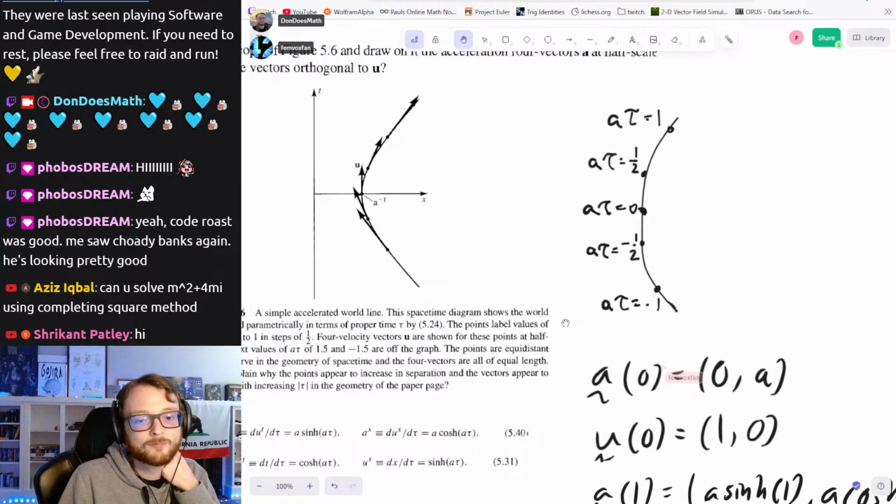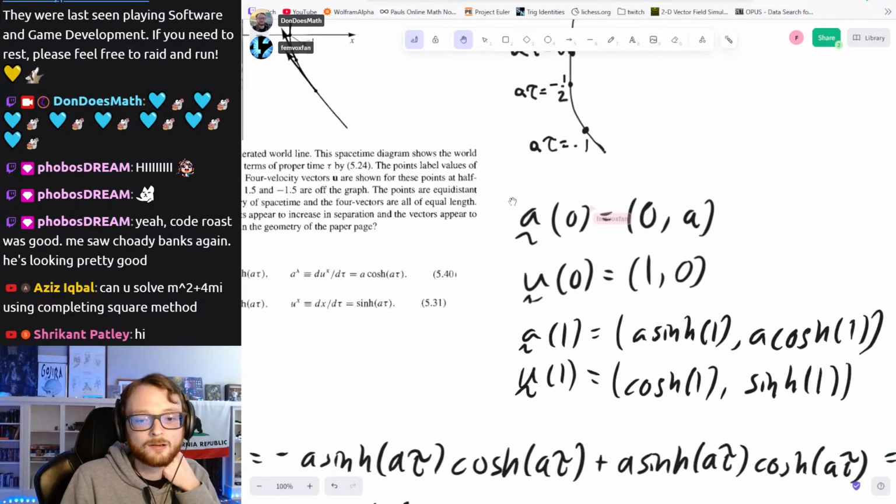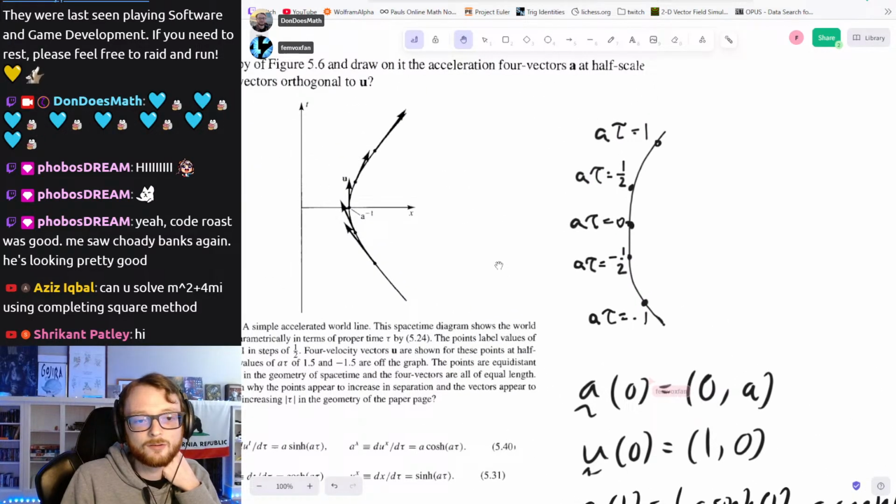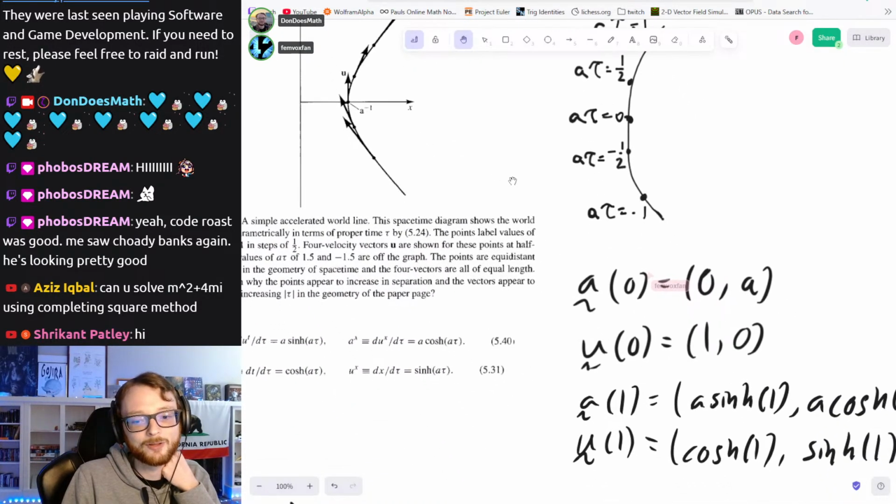Which way is this thing, actually, is that accelerating?